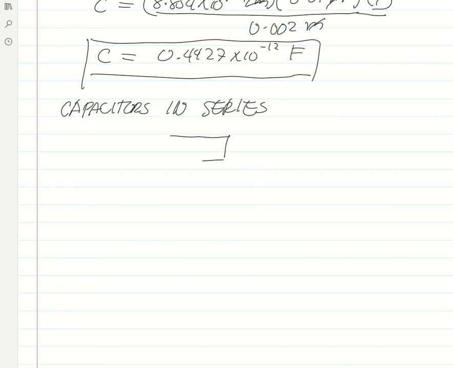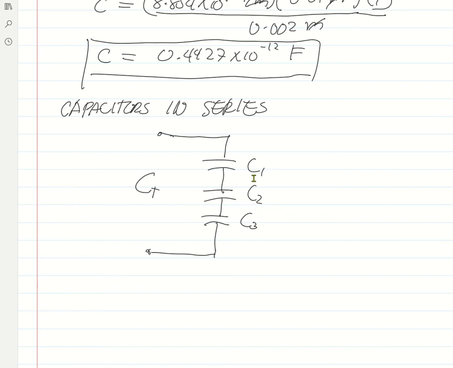So if we have here 3 capacitors, so this is the symbol for capacitors, just 2 plates, just like the exact composition of the capacitor. So this will be the total capacitance. If this is C1, C2, and C3, what will be the total capacitance if they are in series?